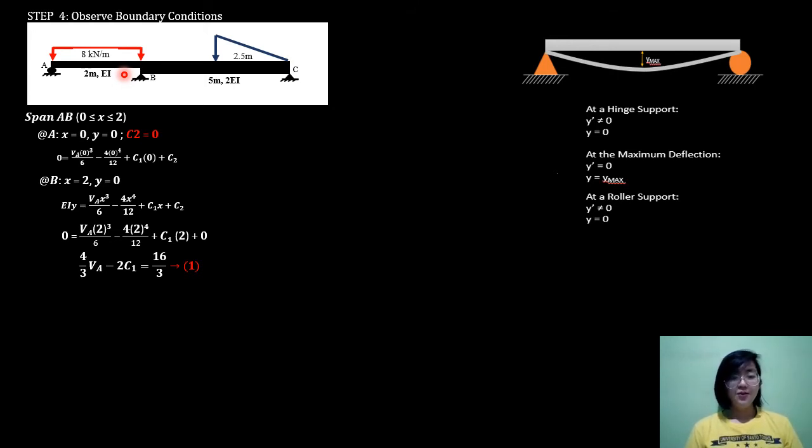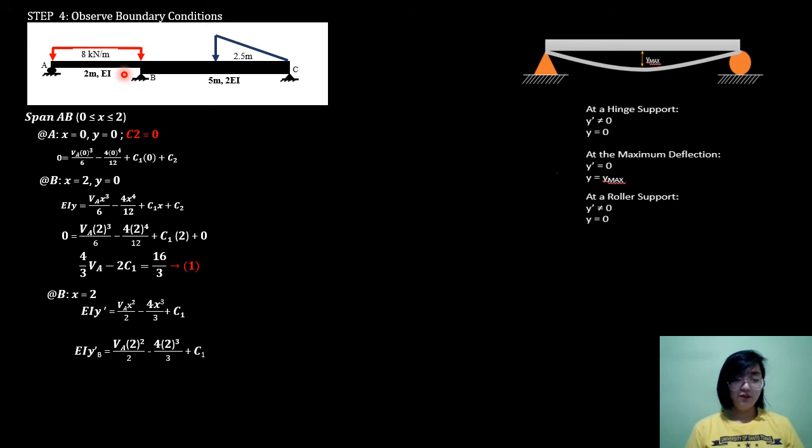What else? At the hinge support, we know that y prime should not be equal to 0. So, at B, x is equal to 2, and we can use the slope equation and substitute. Here's the slope equation.